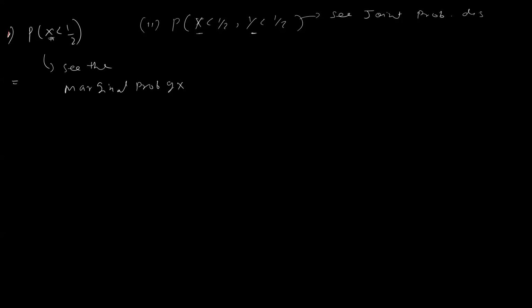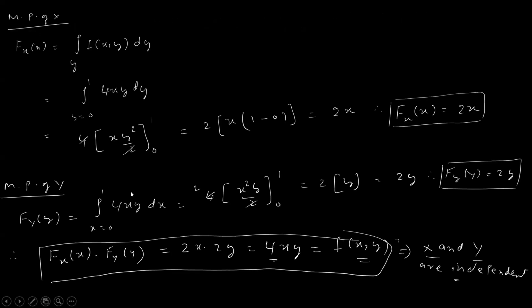Y is missing in this. So when y is missing, you have to look into only the marginal probability of x to answer this question. And to answer the second question, because both x and y are there, you have to see the joint probability distribution. So to answer this particular question, what do I have to do? You already have the marginal probability of x, which is 2x, right?